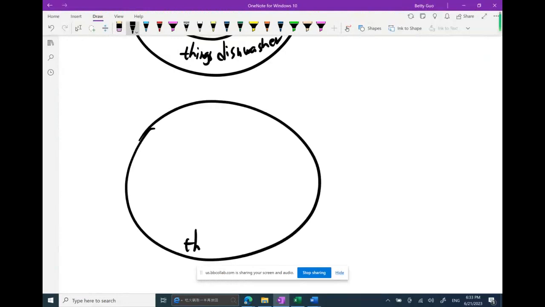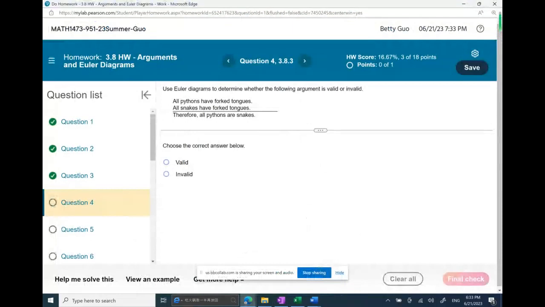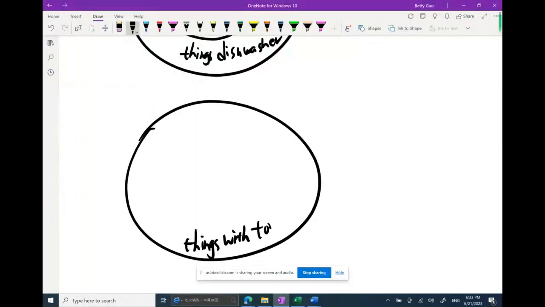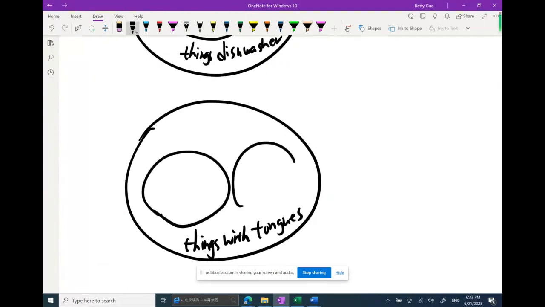The biggest circle is things with forked tongues. Let's use this small circle to represent pythons, and this is snakes.